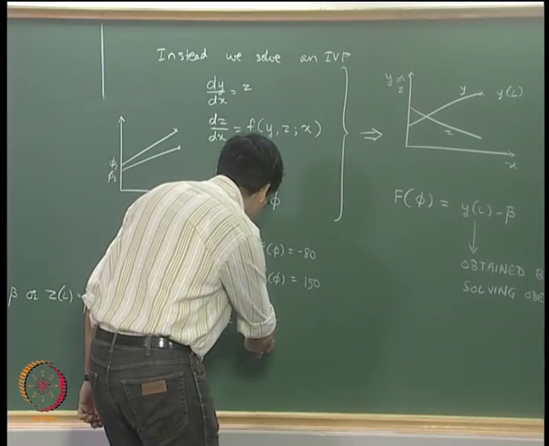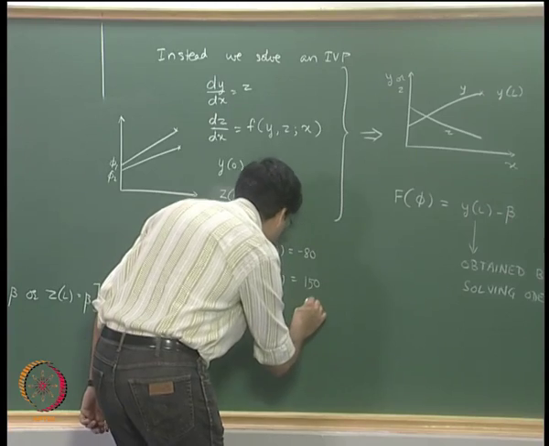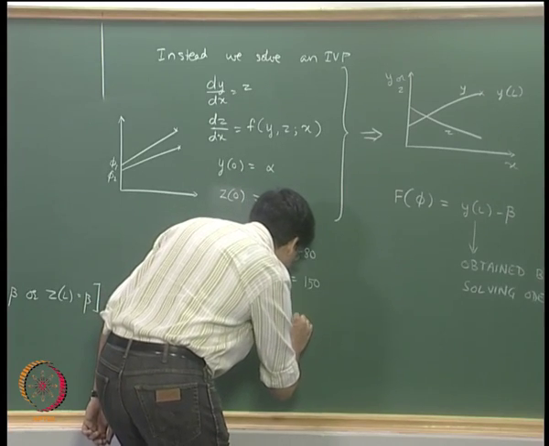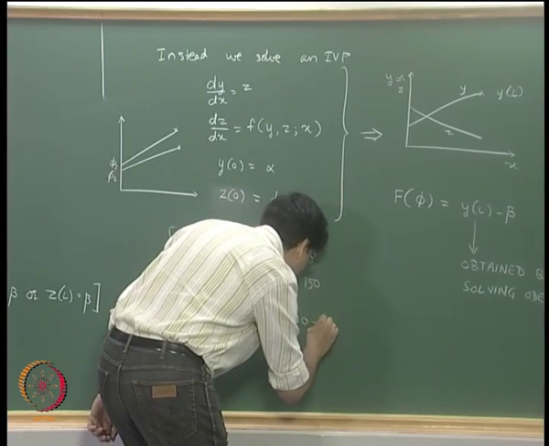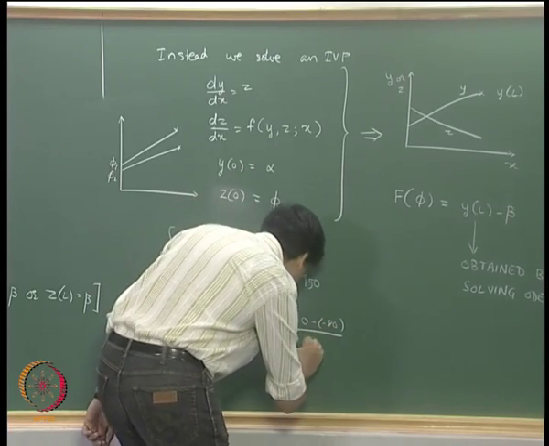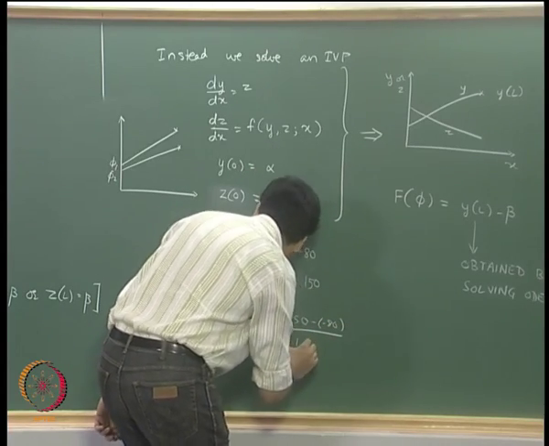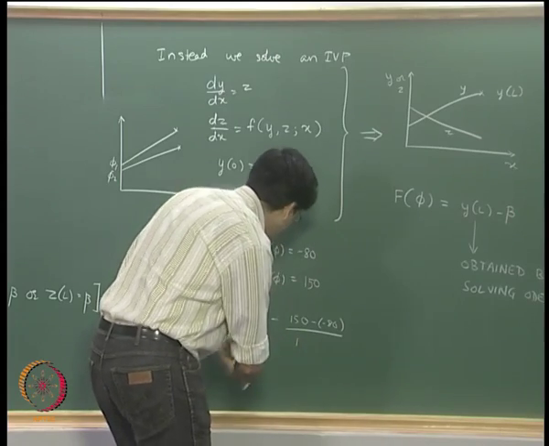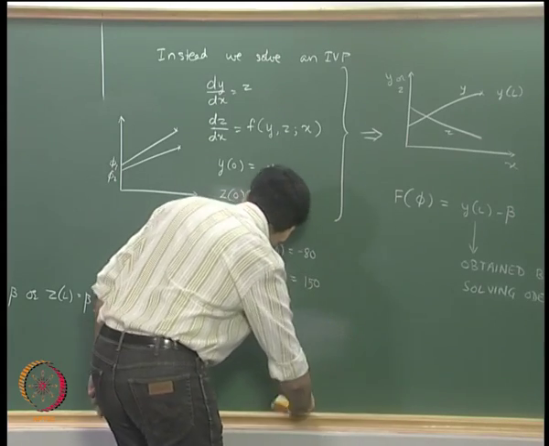So this is this value, and the overall thing we can have as 150 minus 80, sorry, not 150 minus 80, that is going to be in the denominator.